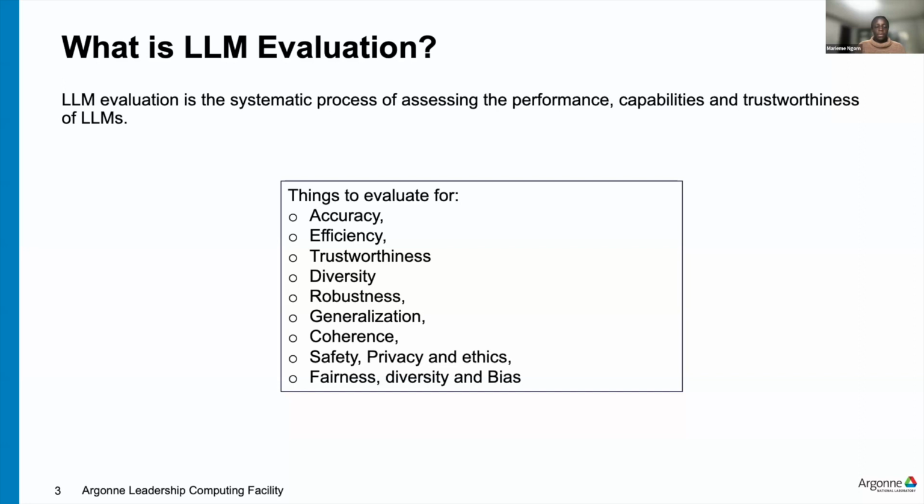They include accuracy, efficiency, robustness, but also all of the safety, privacy, and ethics categories, as well as fairness, diversity, and bias. So this list is non-exhaustive, and depending on your application, you might want to evaluate something that's not here.